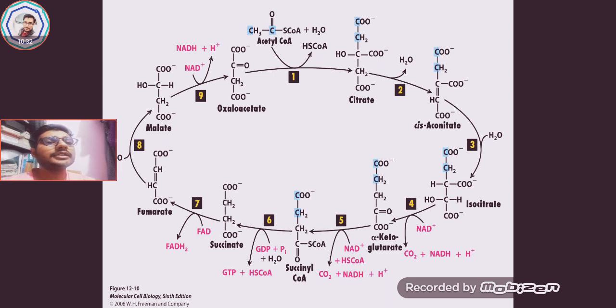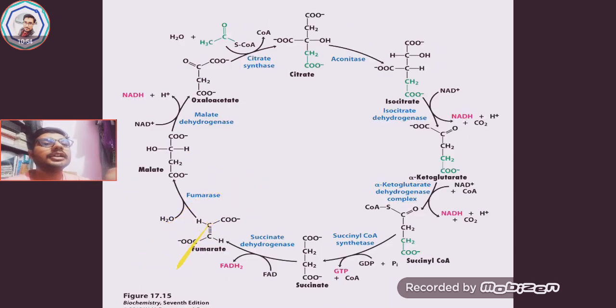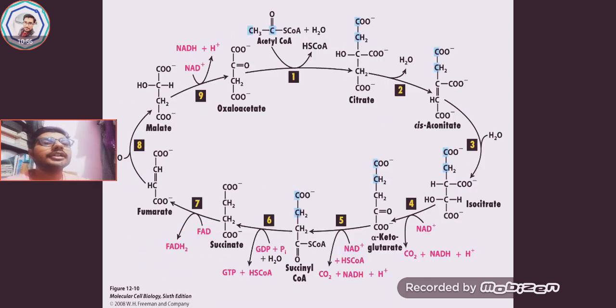Further, succinyl coenzyme A will react with phosphate and water to convert one GDP into a GTP. Again, when succinate is converted into fumarate, it will give us one FADH2. Again, fumarate will react with a water molecule to give malate.